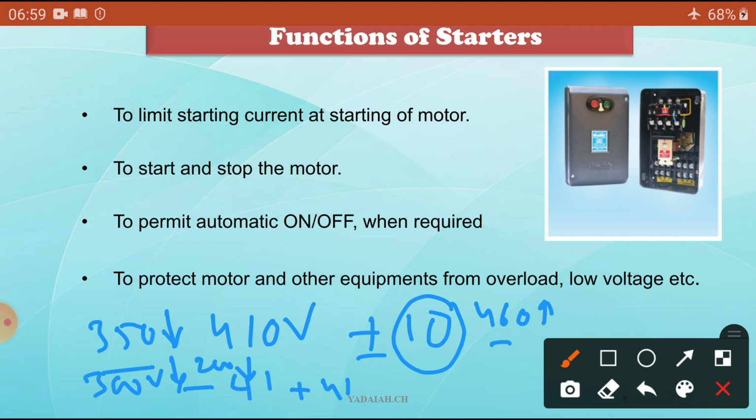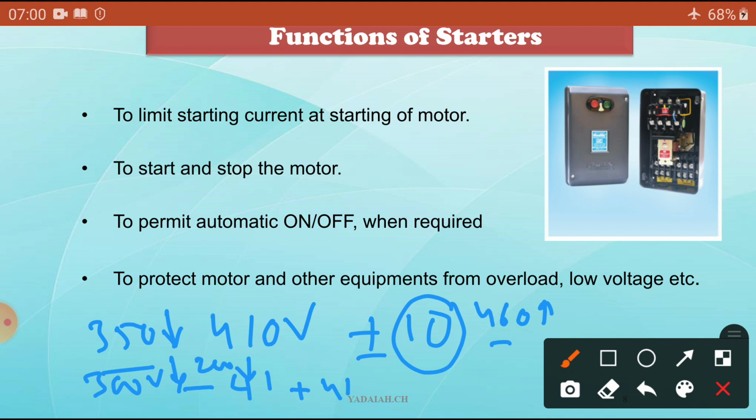Our line voltage, instead of 410, is only 225. If it sustains that low voltage, our motor will burn. This can be taken care of by relays in our 11 kV substation, 33 kV substation. What will happen if the relay is not operated? Then low voltage, high current will be drawn, and our motor will burn.